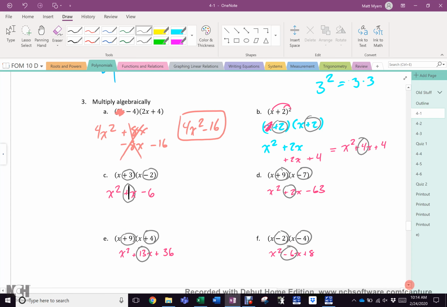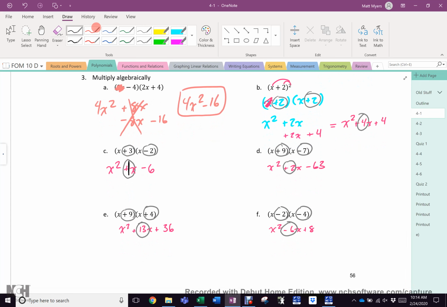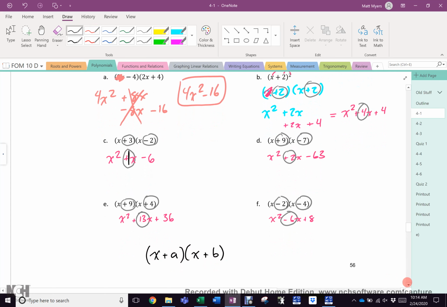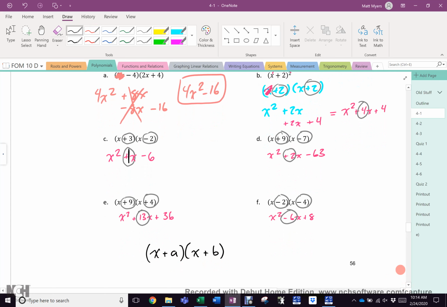All right. So, if I were to give you this, x plus a times x plus b, what do you automatically know the first two parts of the answer are going to be?